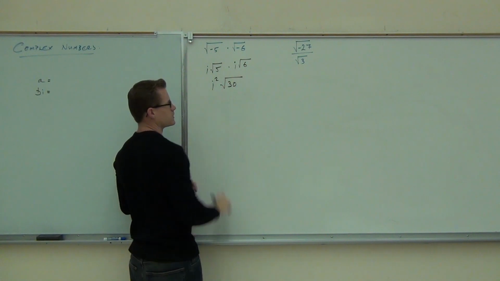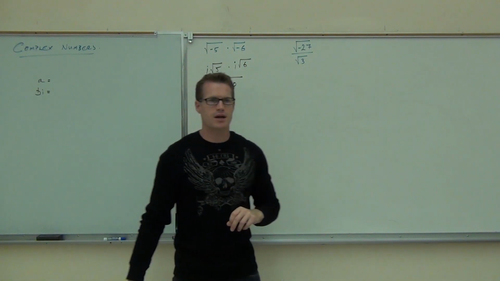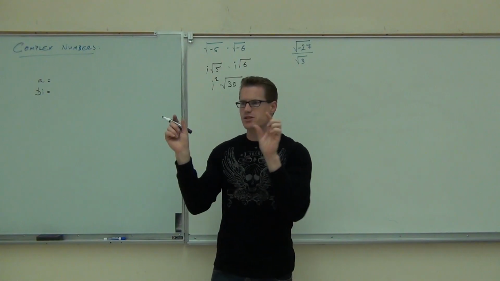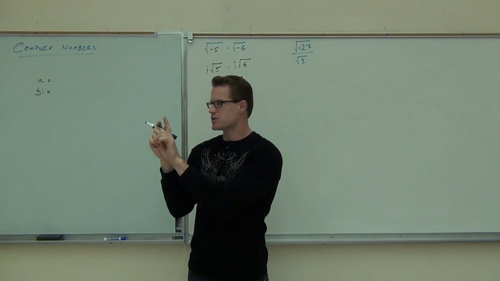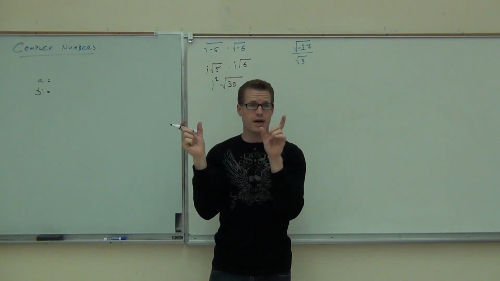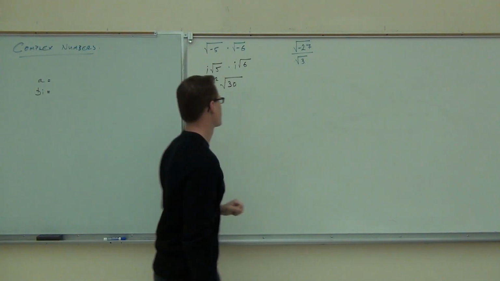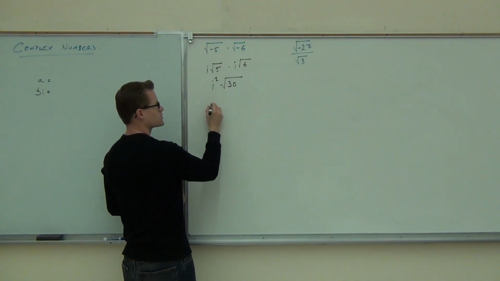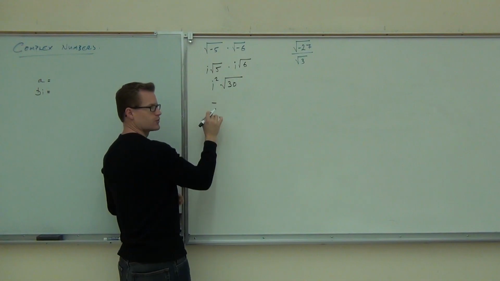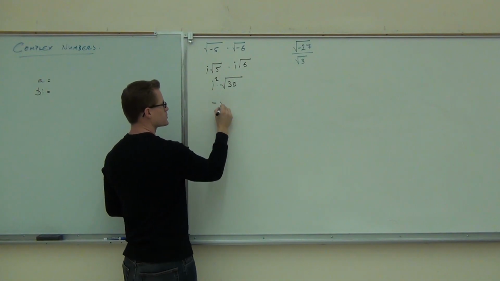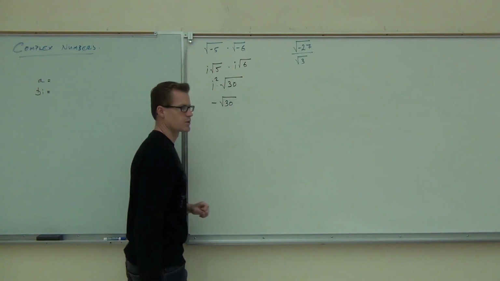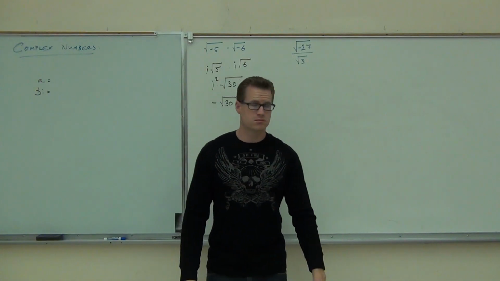Did you make it down to i squared root 30? We reassociate the i's. i times i gives you i squared, root 5 times root 6. We can do that now because they're now real parts. We get negative 1 times root 30, which is negative root 30. That's it. That's what you do.